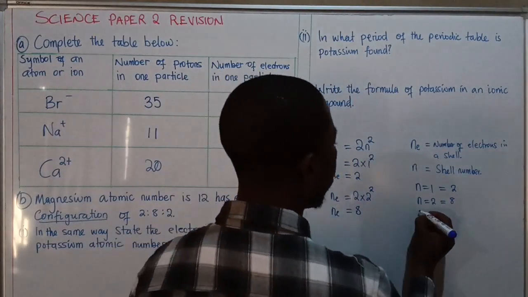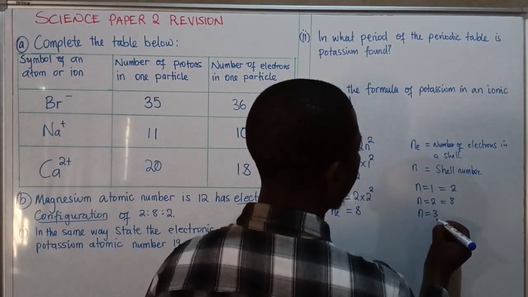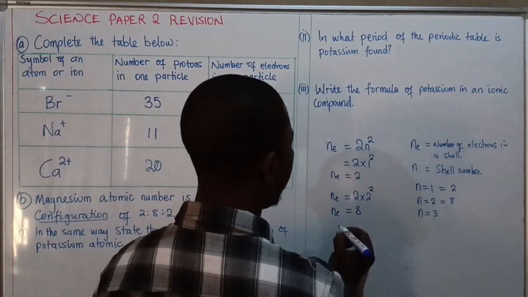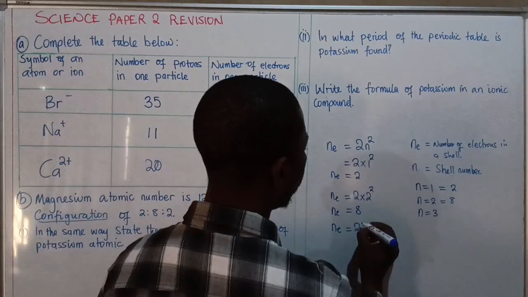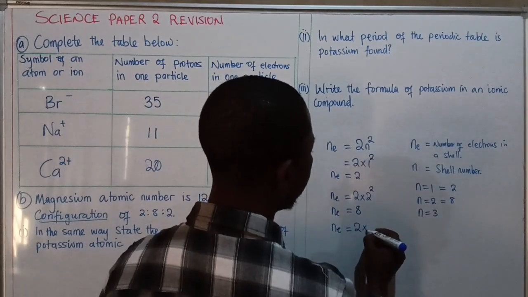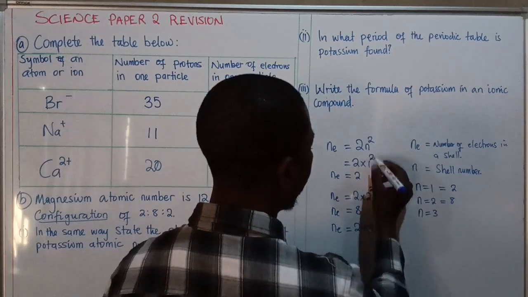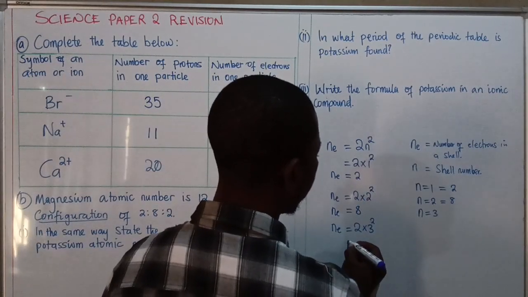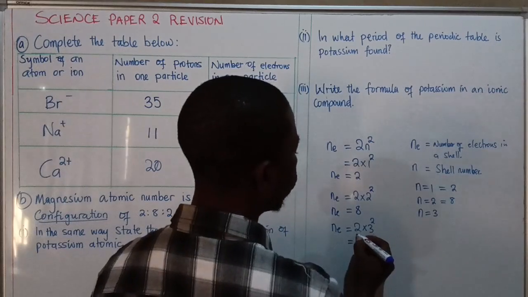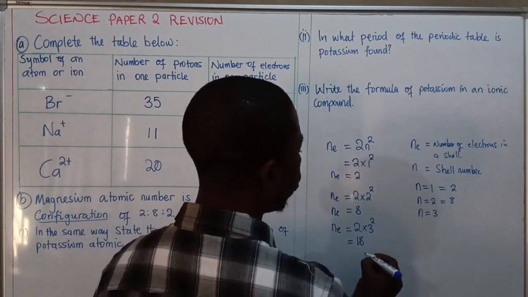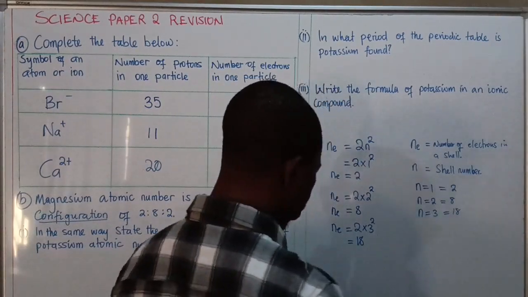Then, if you want to know how many electrons will be in shell 3, you put shell 3 here. The same formula, you pick it, you drop the same 2, then times n, you put 3, 3 to power 2. Then you say equals 3 to power 2, 9, 9 times 2, 18. So shell number 3 is supposed to have 18, and so forth.